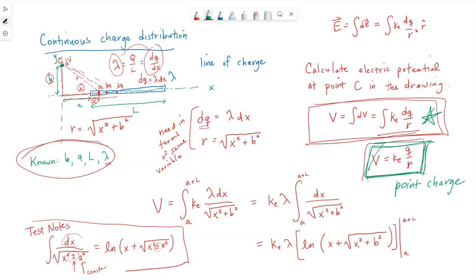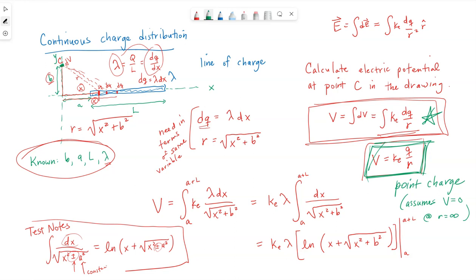And by the way, this assumes V is 0 at r equals really far away, essentially infinity. That's because we made that assumption for potential energy, that potential energy would be 0 for a point charge that was infinitely far away from another one. So we do have to carry that assumption through.